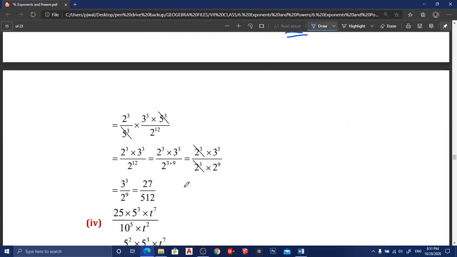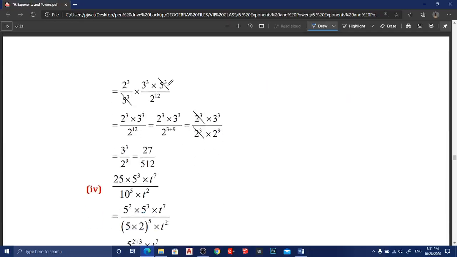Okay, next, here one 5 cube is there, in the denominator also 5 cube is there, you can cancel it, 5 cube gets cancelled. Now here 2 cube into 3 cube by 2 to the power of 12 is there here. Now you can write it as 2 cube into 3 cube by 2 to the power of 3 plus 9.